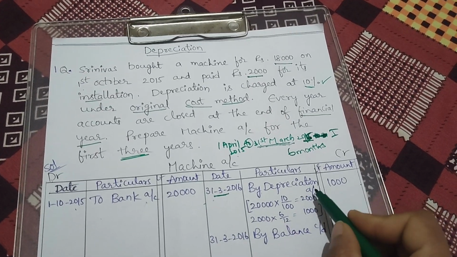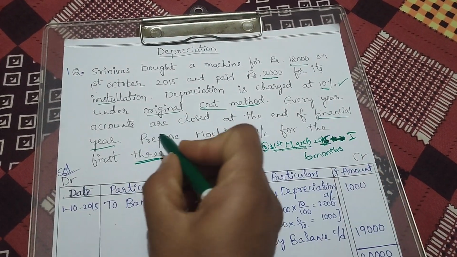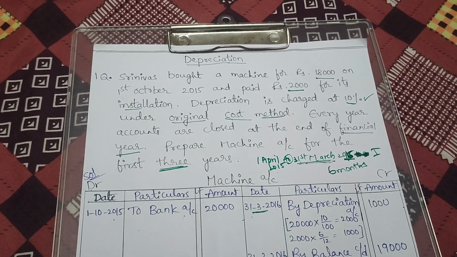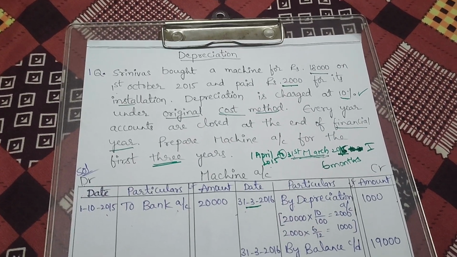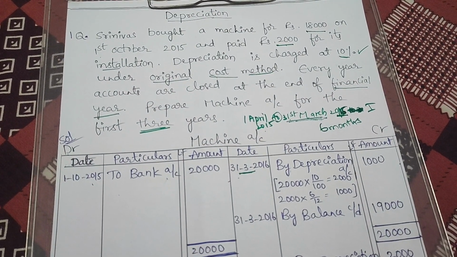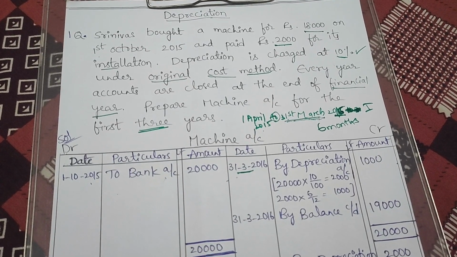And we should calculate depreciation here. How should we calculate? This is the original cost method. I already told in the beginning that under the original cost method there are two formulas to calculate depreciation.